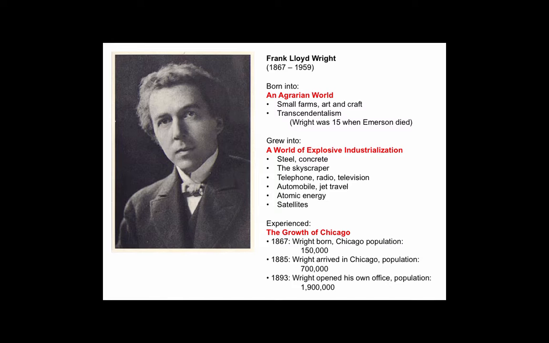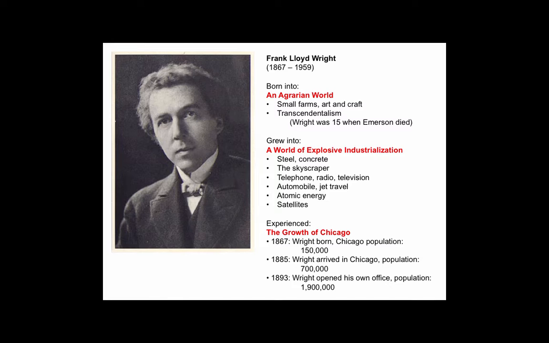He grew up into a world of explosive industrialization: steel, concrete, skyscrapers, telephone, radio, television, automobile, jet travel, atomic energy, and satellites. So who knew that was going to happen from this small town that he grew up in?